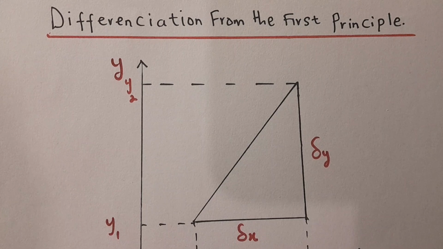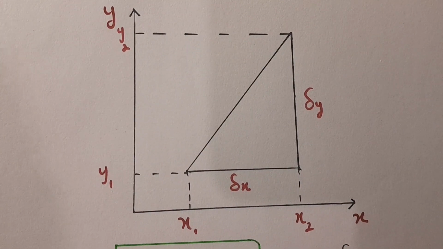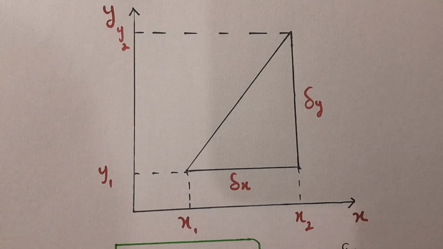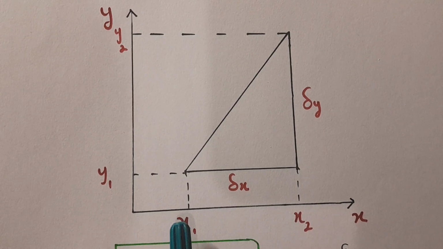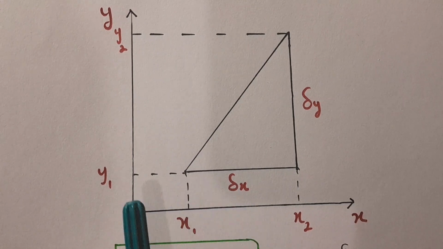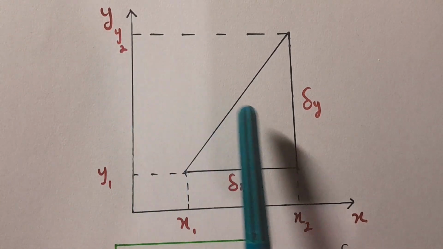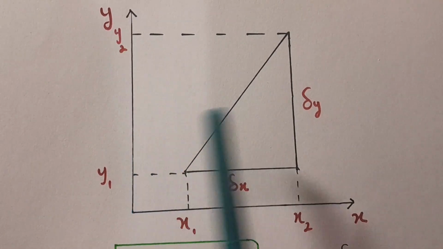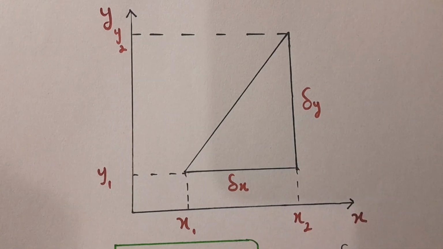So the next thing is, we want to talk about differentiation from the first principle. When you are given this type of diagram, we have a point x1 and a point x2. The difference between them is the change in x. While we have a point y1 to a point y2, the difference between them is the change in y.